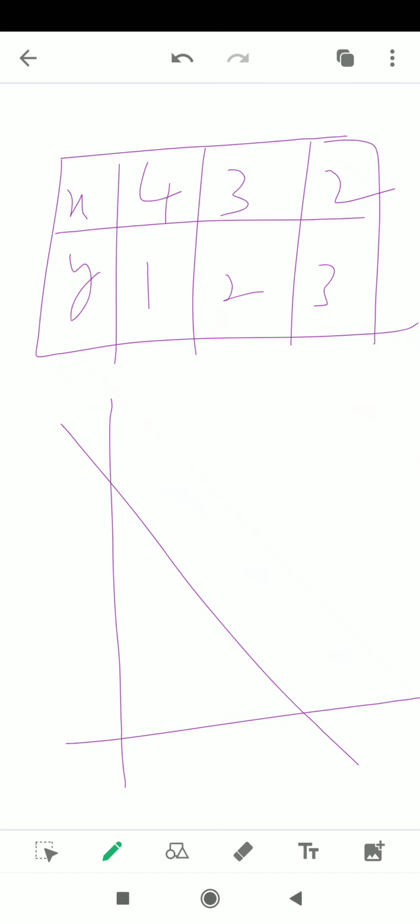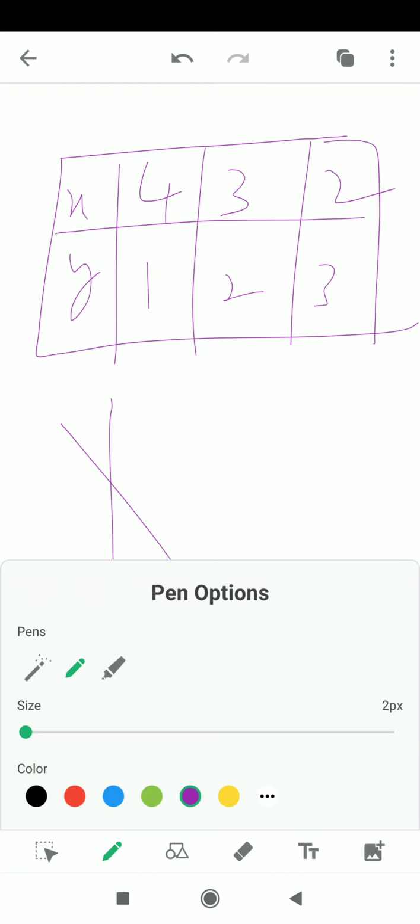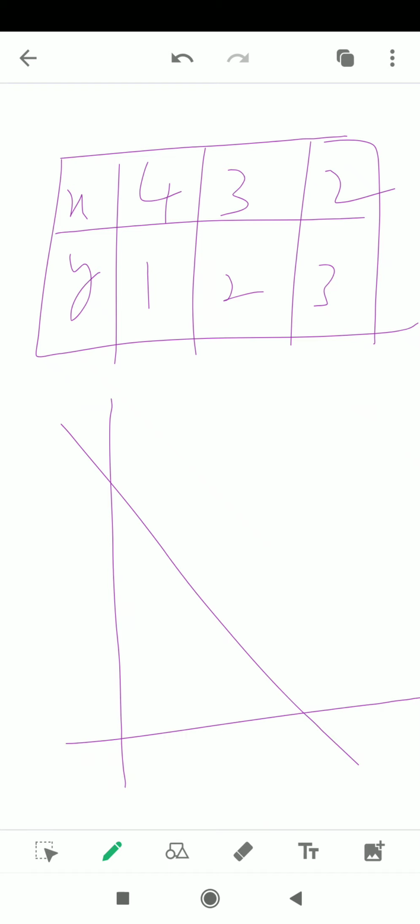Okay, so both the lines represent the same line. This line represents x plus y is equal to 5 and this also represents 2x plus 2y is equal to 10, and on this there will be so many points, 2 comma 3, 3 comma 2, and 4 comma 1, and so on.